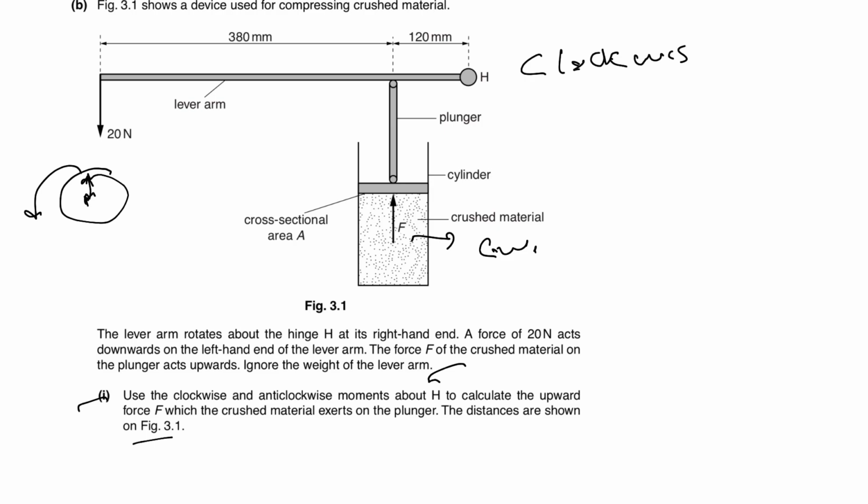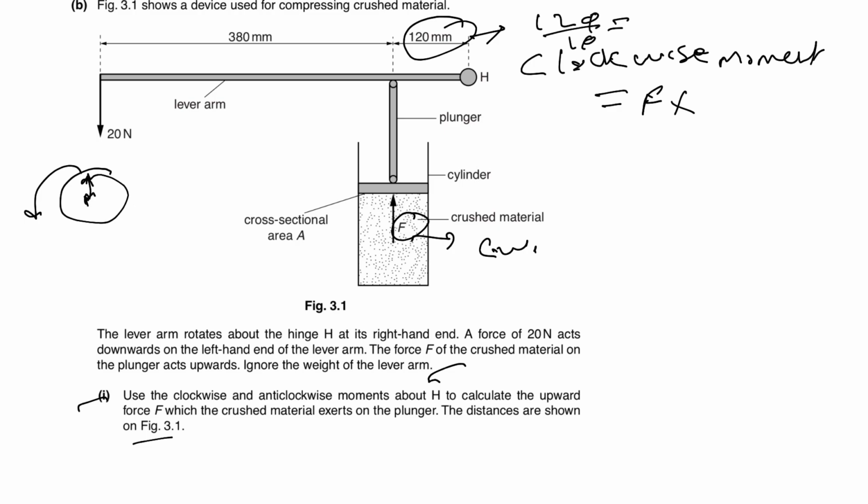Clockwise moment equals force into perpendicular distance. We don't know the force, so we write F. The perpendicular distance is 120 mm, which we convert into centimeters: 120 divided by 10 is 12 centimeter.